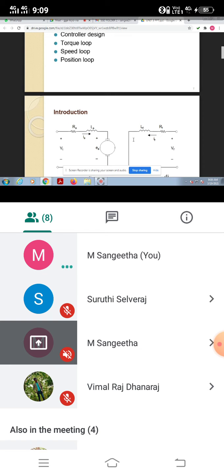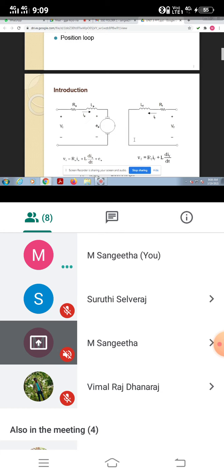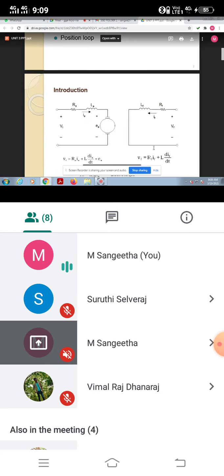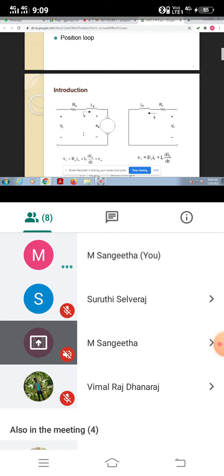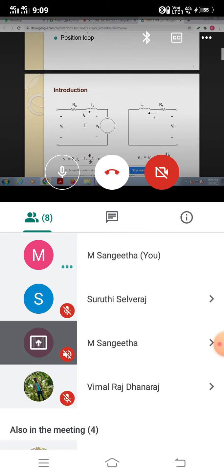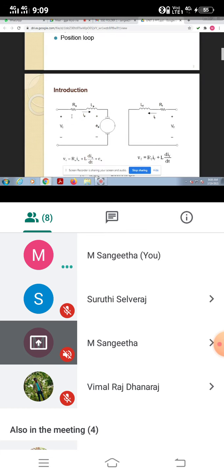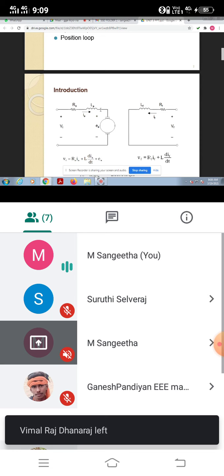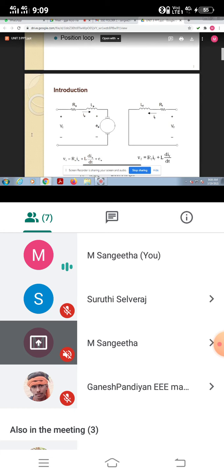Now let's get ready to do the design making for an electrical drive or general drive. This is the electrical drive network. This circuit shows armature resistance, armature inductance, back EMF, field inductance and field resistance.